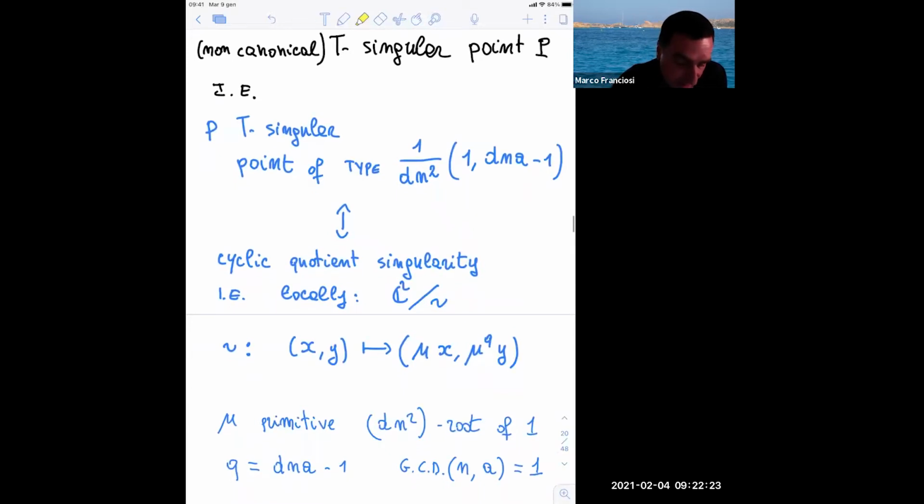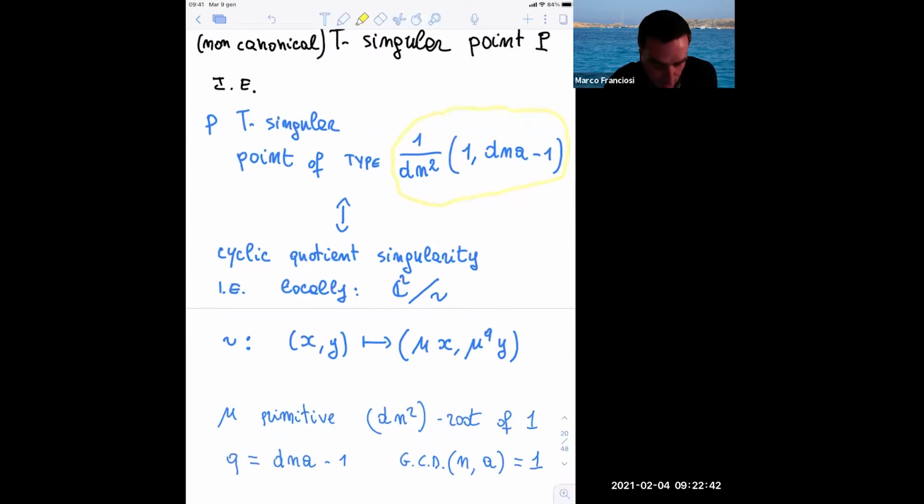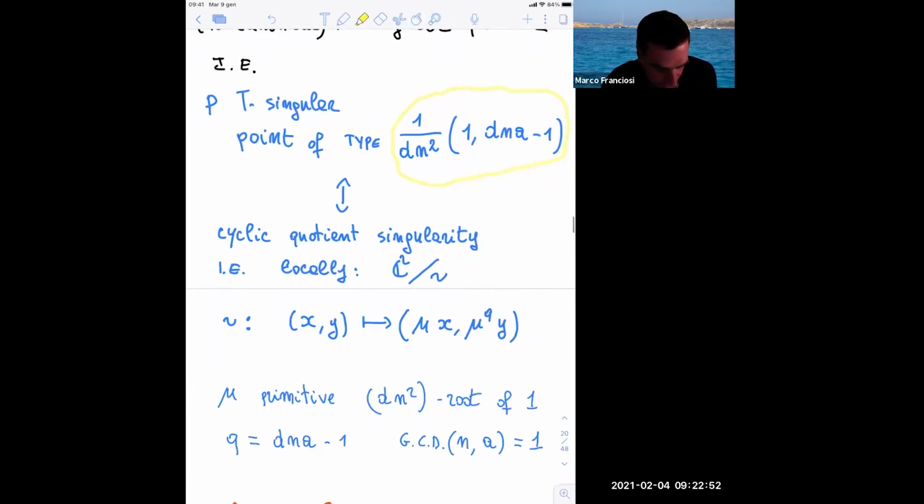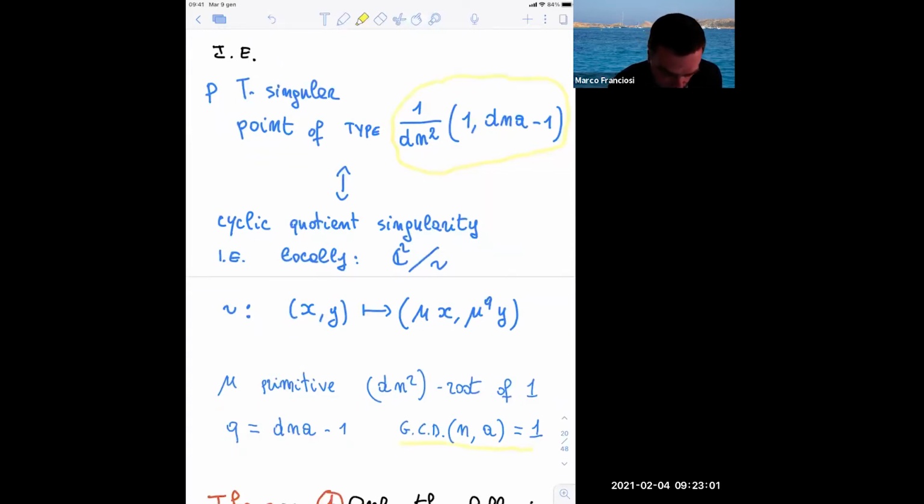We have a singularity of this type, 1/(dn^2)(1, dna-1), which means a cyclic quotient singularity, locally as C^2 modulo the relation given by x, y mapping to mu x, mu^q y, where mu is a primitive root of unity and q is relatively prime to n.